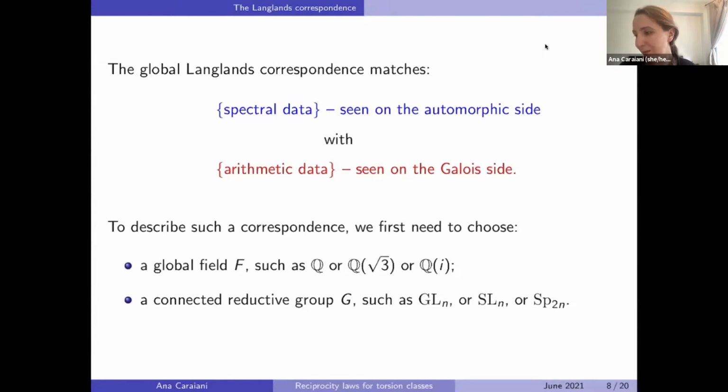And so for the purposes of this talk, you can pretty much imagine that you're working with GL_n or even just GL_2. And hopefully this will have some meaning, even in this case.